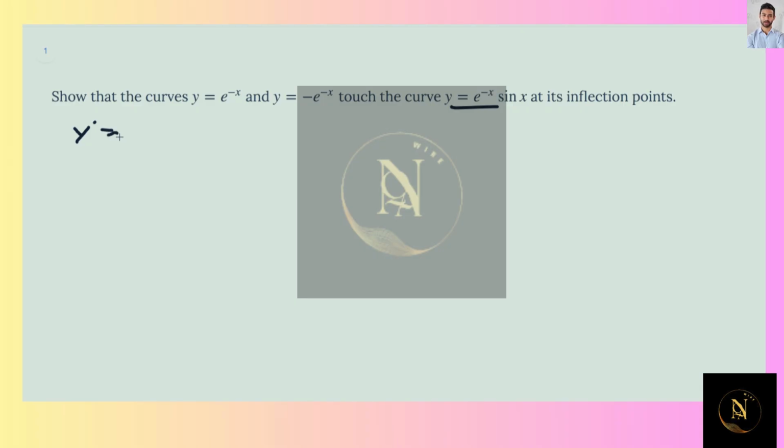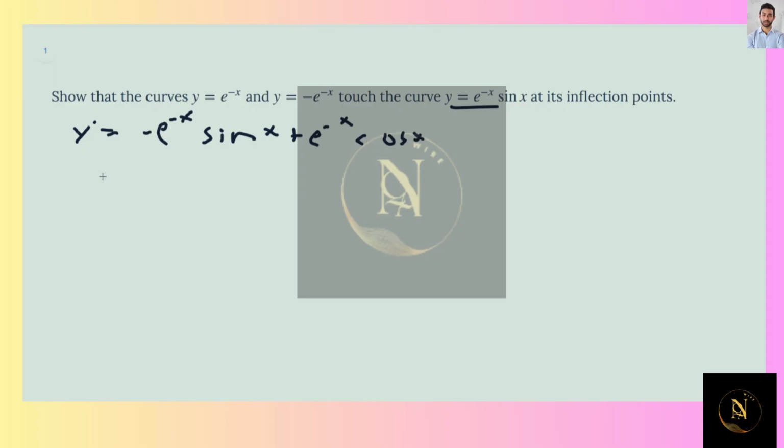So when you take the first derivative, you get negative e to the minus x sine x plus e to the minus x cosine x.